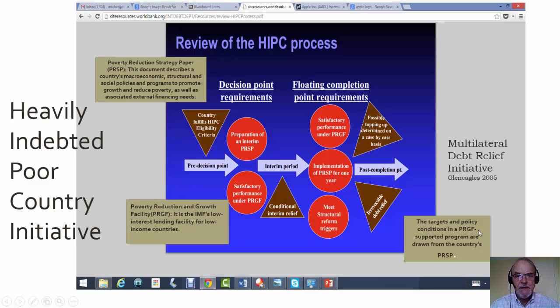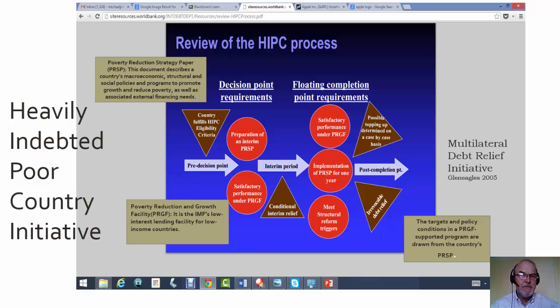And if they meet the structural reform triggers, then they can go on to what is known as the Multilateral Debt Relief Initiative, which was formulated at the G8 conference in Gleneagles in 2005, which essentially relieves a country's debt if it's met all the conditions implied by the PRSP and through the PRGF. So this is a set of hoops that the world's poorest countries have to go through if they're going to work with the World Bank and the IMF on debt relief.